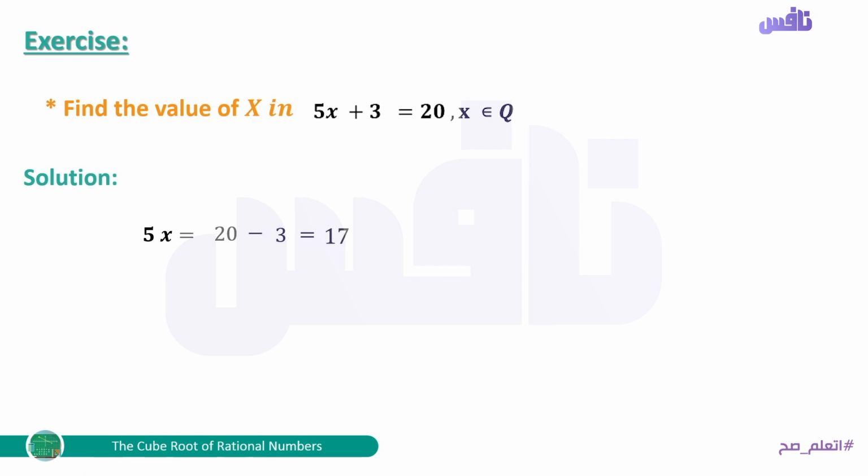Then 5 will go to the other side by division because the sign between 5 and x is times. So the next step will be x equals 17 divided by 5. By using a calculator we can find the final answer, the value of x, which will be 17 over 5. This is the required in this problem.